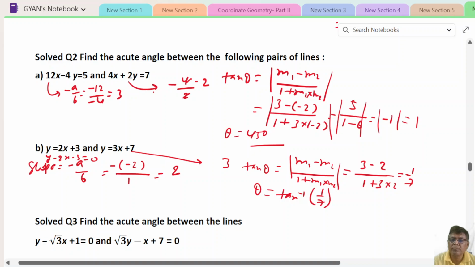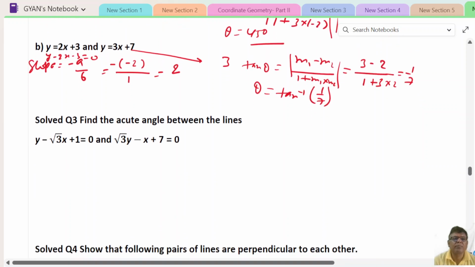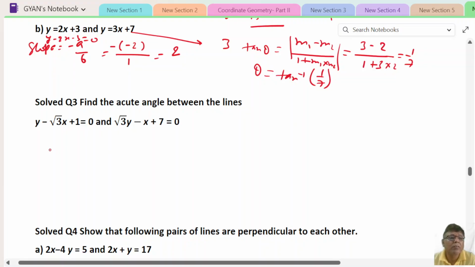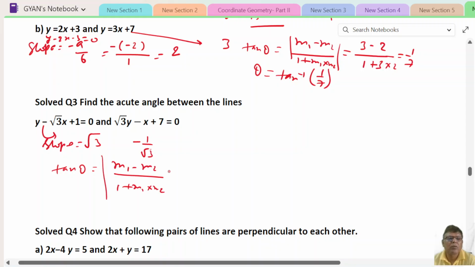Now come to the next question. So here this slope is equal to root 3, and this slope is minus 1 by root 3. So for the angle, tan theta is equal to mod of m1 minus m2 divided by 1 plus m1 m2.